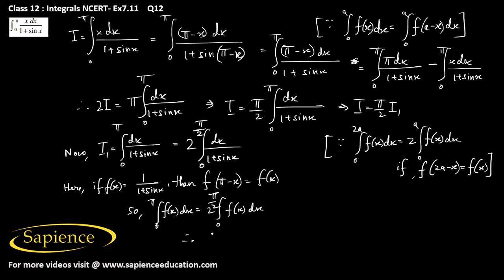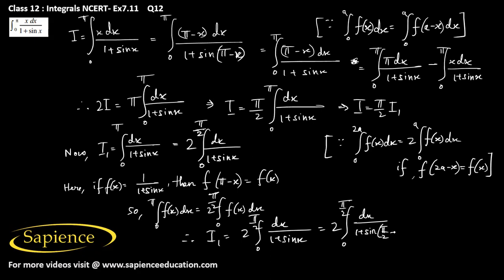So therefore I1 will be equal to 2 into the integral from 0 to pi by 2 of dx by 1 plus sine x. Then we can write this as the integral from 0 to pi by 2 of dx by 1 plus sine of (pi by 2 minus x).